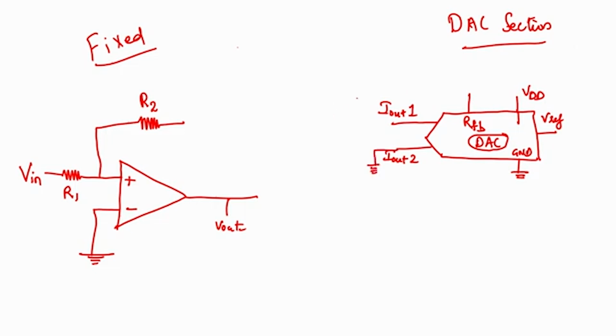And for us to do current to voltage conversion, we have to connect this to another amplifier. All this is, I think, very clear to you now. So the amplifier will again have negative feedback. So the positive terminal will be grounded along with IOUT2, and IOUT1 will go to the negative terminal. Clear? So what will happen? This is the output of the amplifier, which will be a negative voltage.